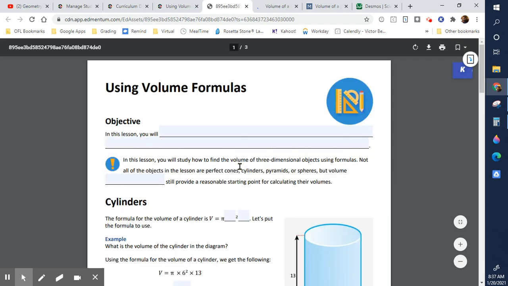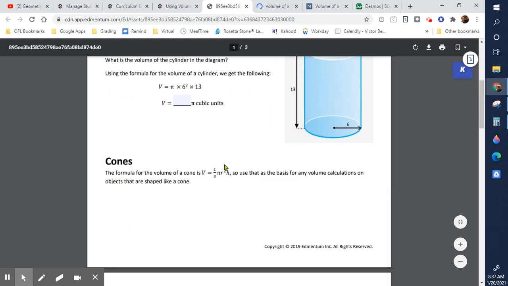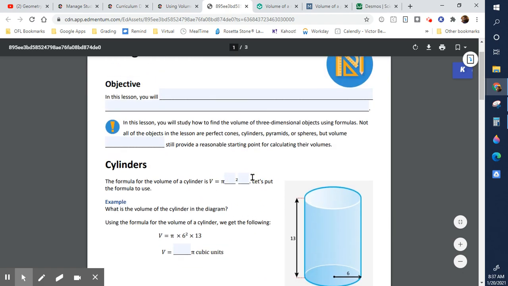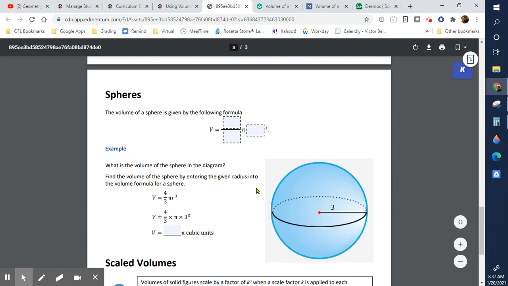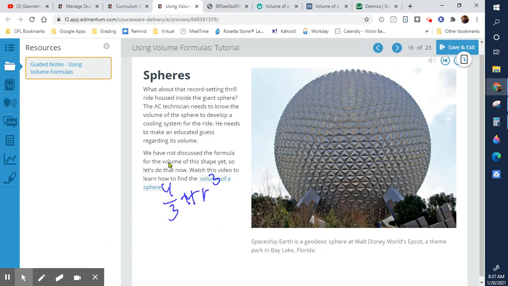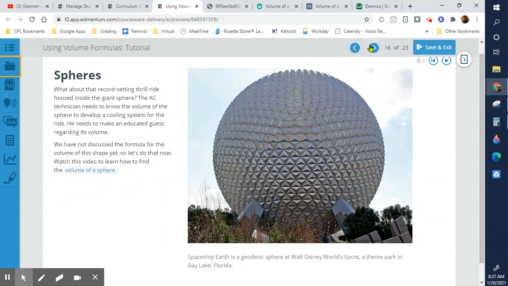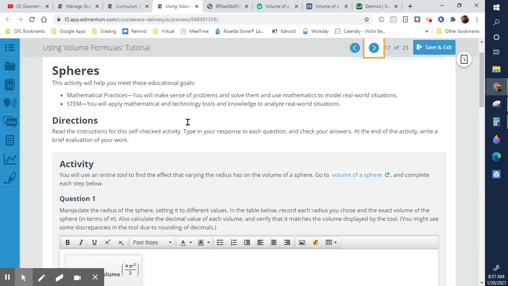This usually has the formulas somewhere in it. If it doesn't, oh yes, it has it right here, actually. You might have to fill them out on your own. So I recommend keeping these handy when you're taking your mastery tests. All right, so moving on to the next one.